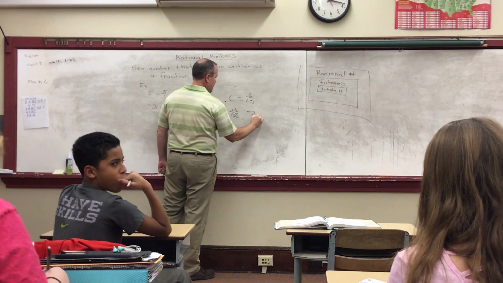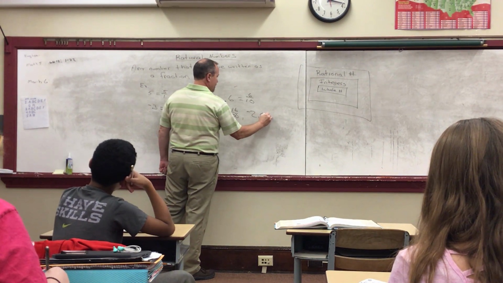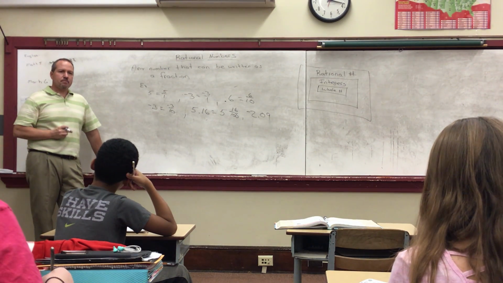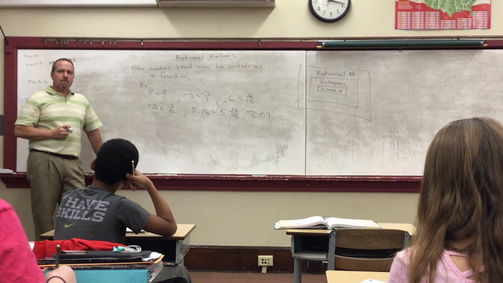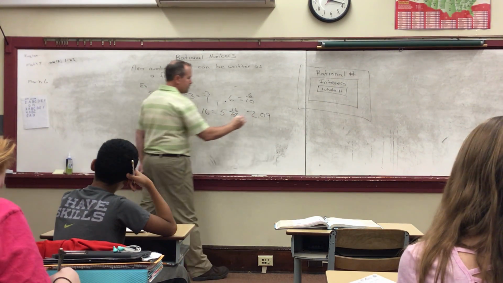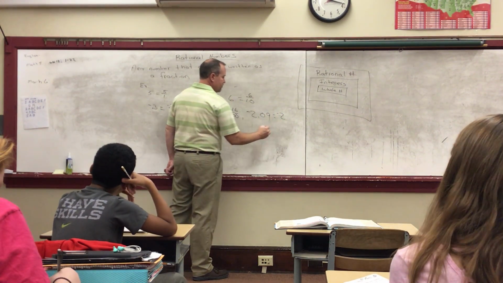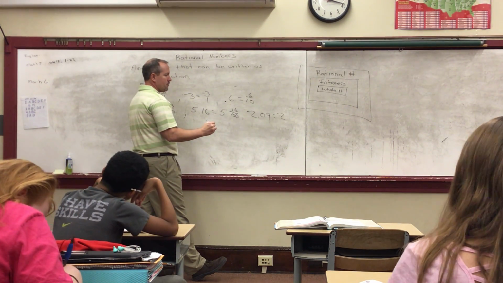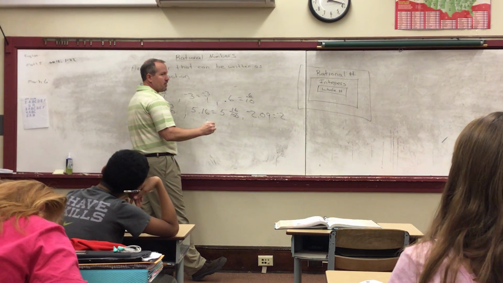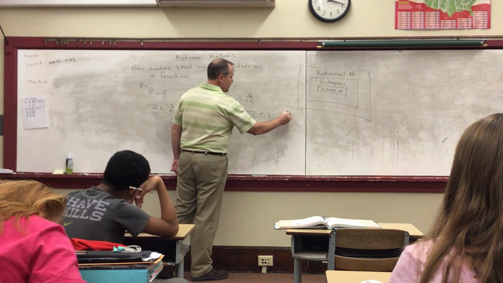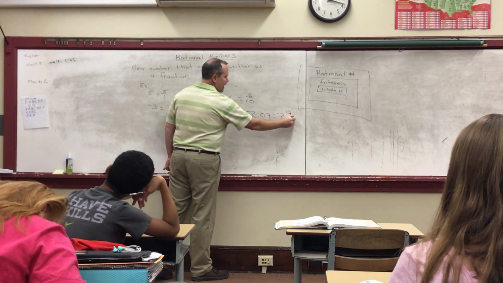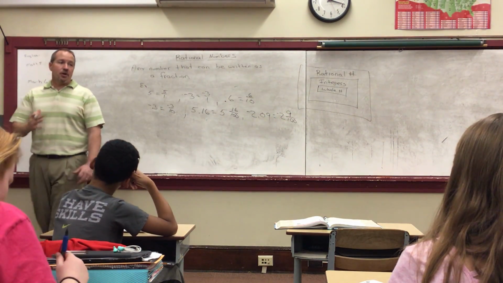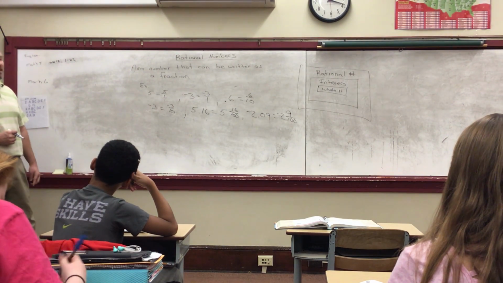Negative 2.09. How would you write that as a fraction? Dakota? Negative 2 over... wait, not over. Try it again, Olivia. 9 over 100. The number to the right of the decimal is your numerator. The place value of the last digit is your denominator. Okay? So all of those are examples of rational numbers.